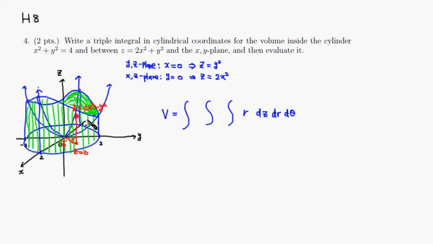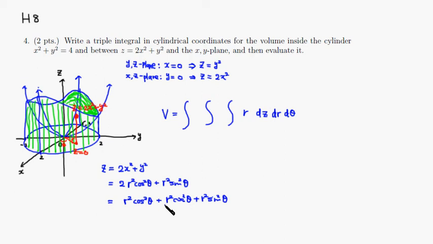But we cannot use x and y because we have to use r and theta, so we have to rewrite that. z is equal to 2x squared plus y squared, which is equivalent to 2 r squared cosine squared theta plus r squared sine squared theta. So this is equal to r squared cosine squared theta plus r squared cosine squared theta plus r squared sine squared theta.